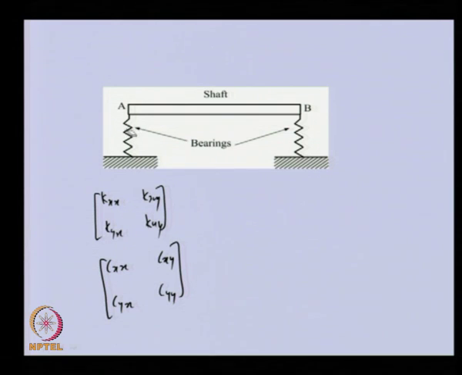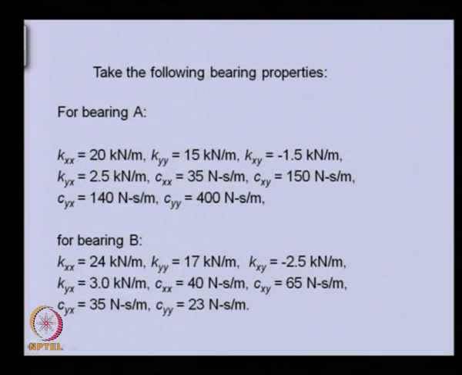So, we have coupling of the motion in both the planes because of this particular fluid film bearing, and the properties of these bearings are given here. So, let us say left hand side bearing is A. So, this is the property, and bearing B, this is the property.